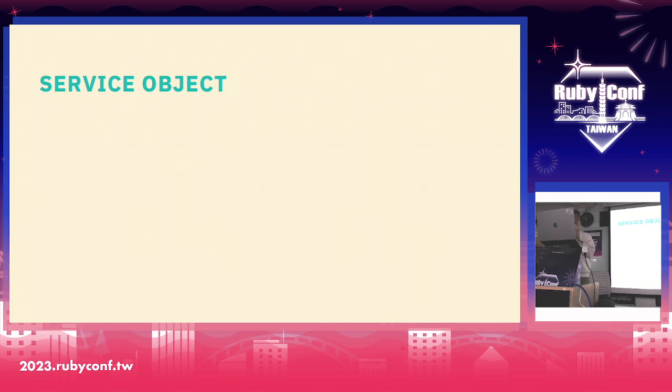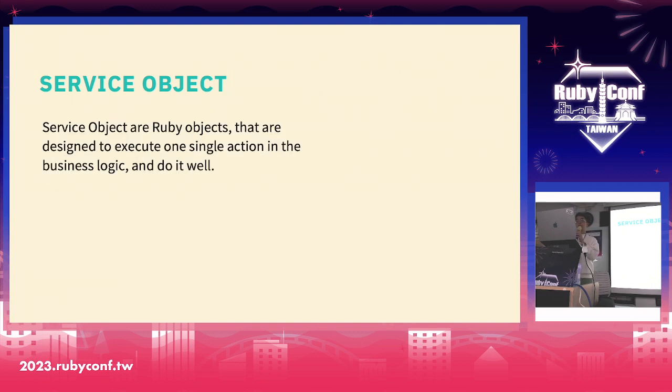And we also need to know about the service object. So what is a service object? It is a Ruby object that tries to execute one single action in the business logic, and does it well. It also centralizes a set of operations, like validation, calculation, or any process that is critical for our software functionality.